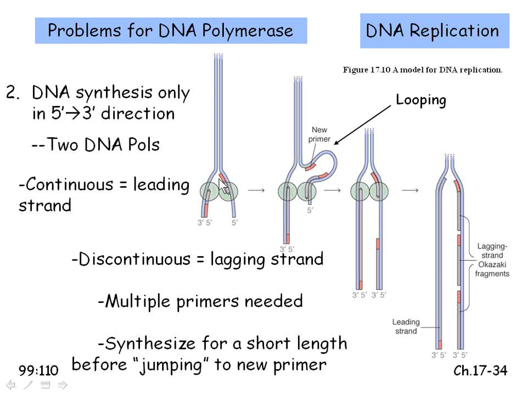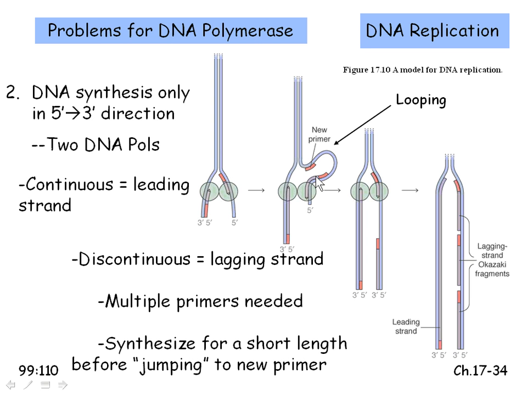And what happens is as this replication fork unzips, the polymerase going in the 5' to 3' direction, as I said, on the leading strand, has no problem. It keeps going along continuously. But this polymerase on the right is on a strand where it's trying to go 5' to 3', but the replication fork is actually moving the opposite direction.